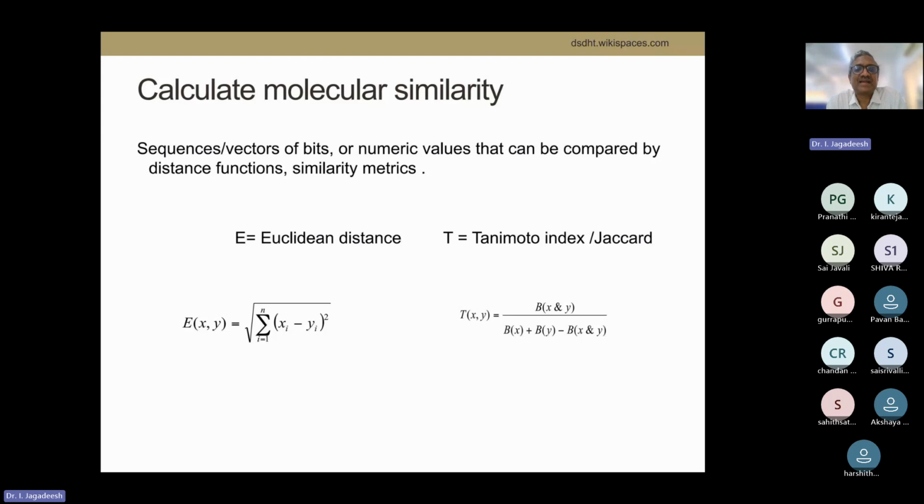These sequences are vectors, numeric values that can be compared with a distance matrix and similarity matrix. In the Tanimoto score, we assign 1 and 0 for molecules X and Y, and we see what is common in nature, and we calculate the Tanimoto score.